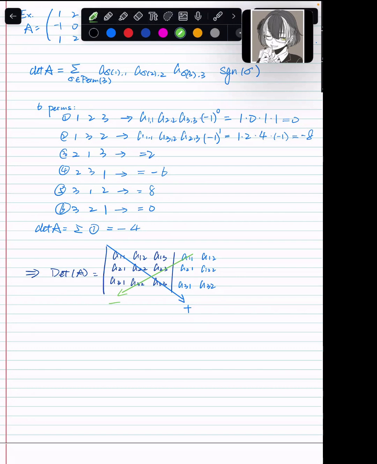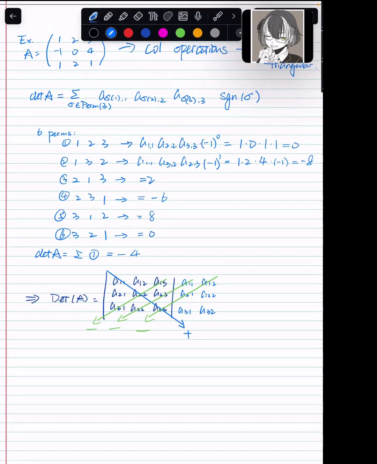We have 2, 1, 3, and this was negative because there was one column exchange. So 2, 1, 3 is negative, and same thing for 3, 2, 1. 3 column exchanges, so this will also be negative.